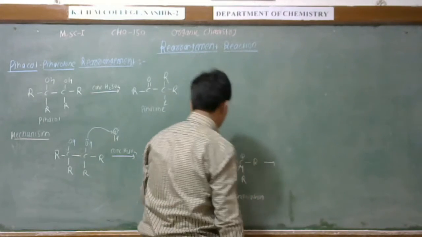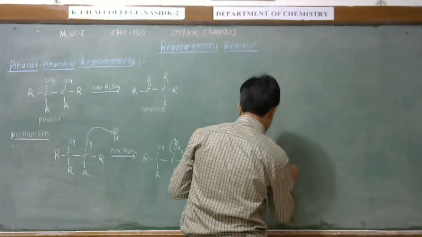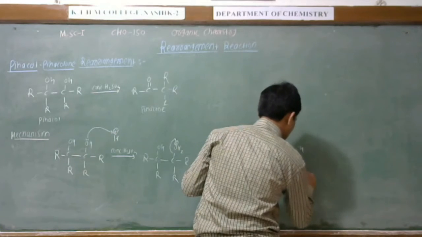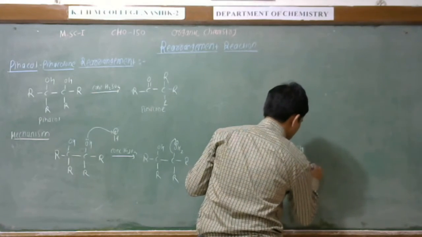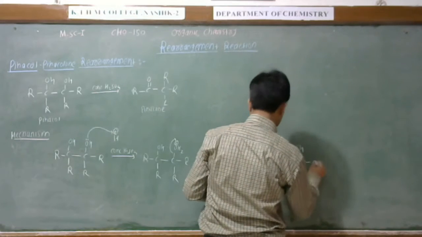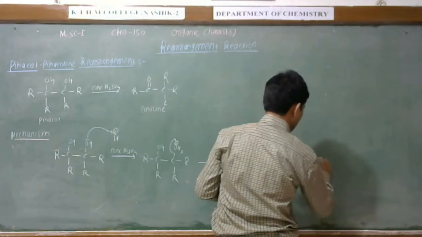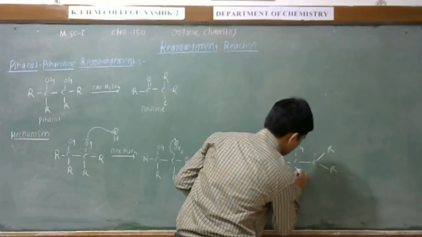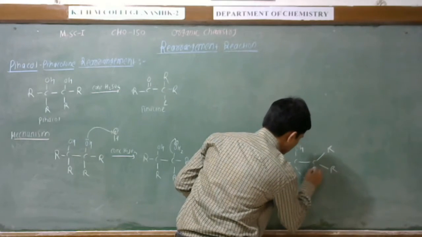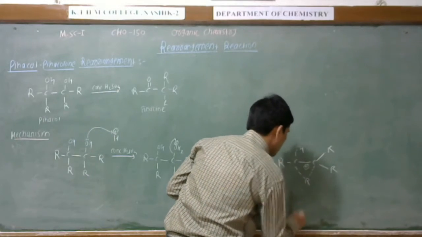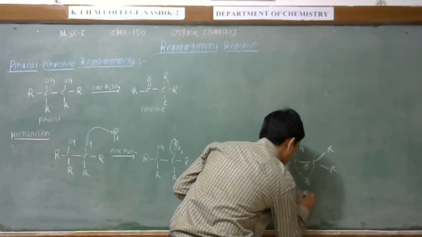This classical carbocation will shift further to the non-classical carbocation. This is C. This is R group here. This is another R group here. And see, this is the R group which will be migrated from the one to the two position. So this is the non-classical carbocation.